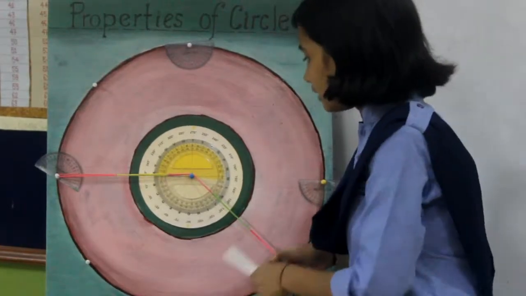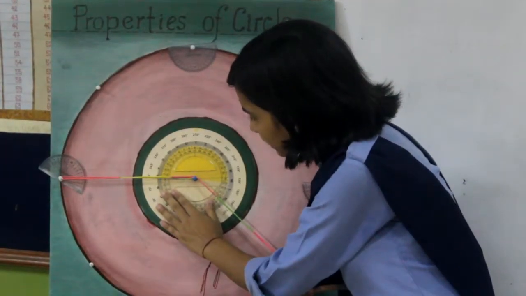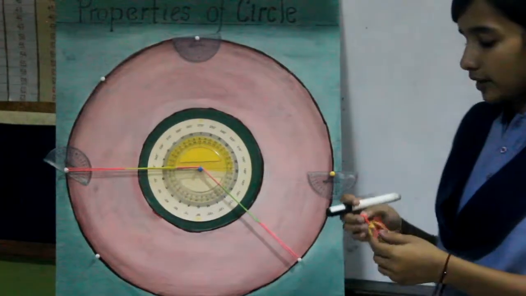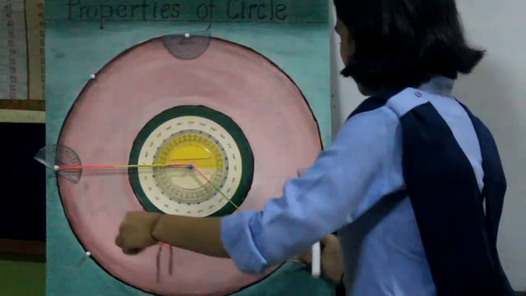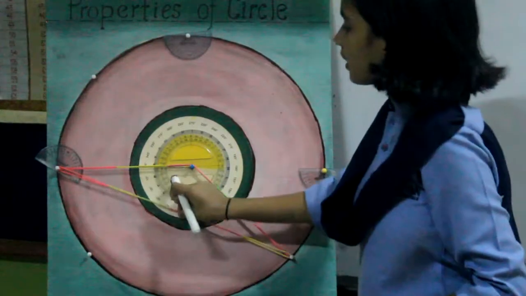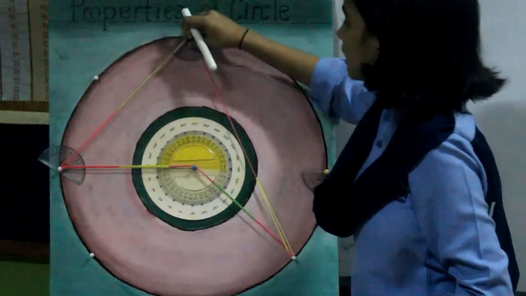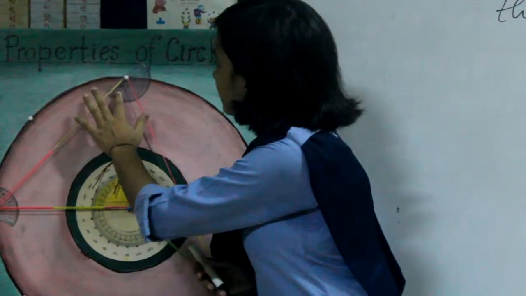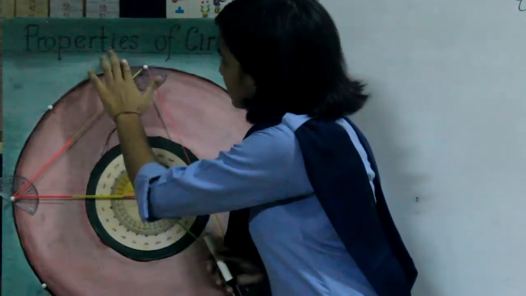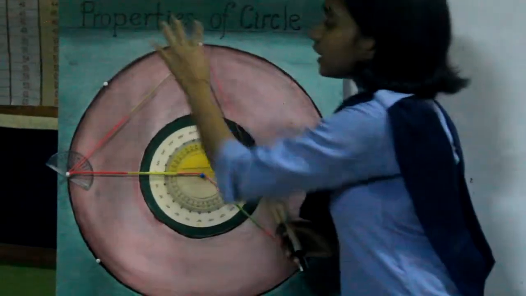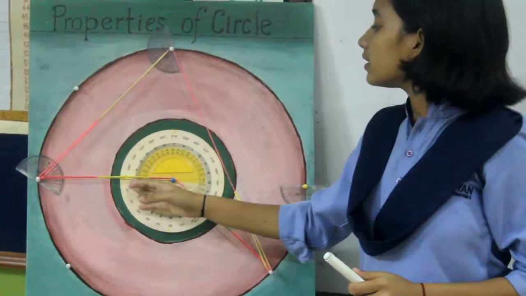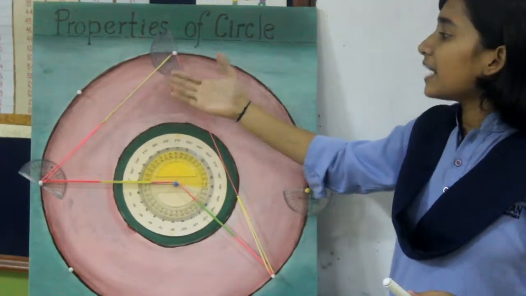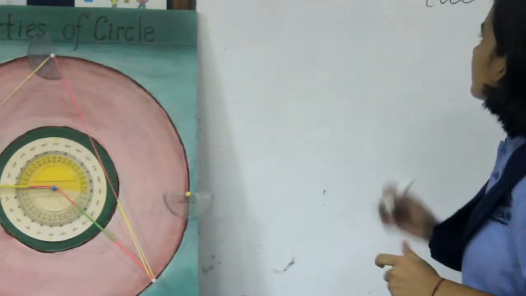We measure this angle, and we get around 130 degrees. Now we take another angle subtended by the same arc on another point which lies on the circumference of the circle. If we measure this angle, we get around 65 degrees. So we get that the angle subtended by the arc on the center is double the angle subtended by the same arc on a point on the circle.